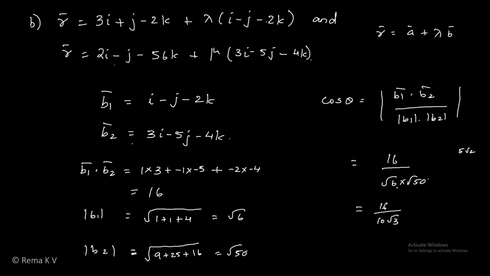We can simplify this as 16 divided by root 2 into root 3 into 5 root 2. 5 into 2 becomes 10, so 10 root 3. Or you can simplify this as 8 by 5 root 3. And theta equals cos inverse 8 by 5 root 3.